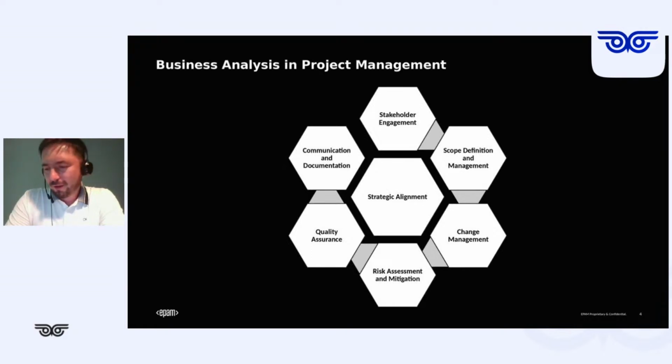Quality assurance is something that is probably not very obvious why we have it here, but from different angles both business analyst and manager are pretty involved in getting the right quality of the product being built. And the last but not least, communication and documentation. Again, there are different areas of documents that we can create and different people we can communicate with, but still there are intersections.